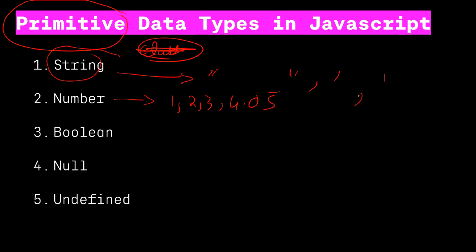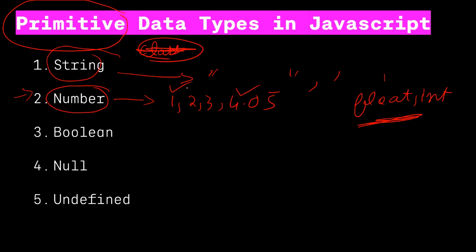One is float, one is int. But here in JavaScript, both of them will come under a data type called number. So whether it is an integer or a decimal floating point, both of them will be coming under one data type, which is called number.